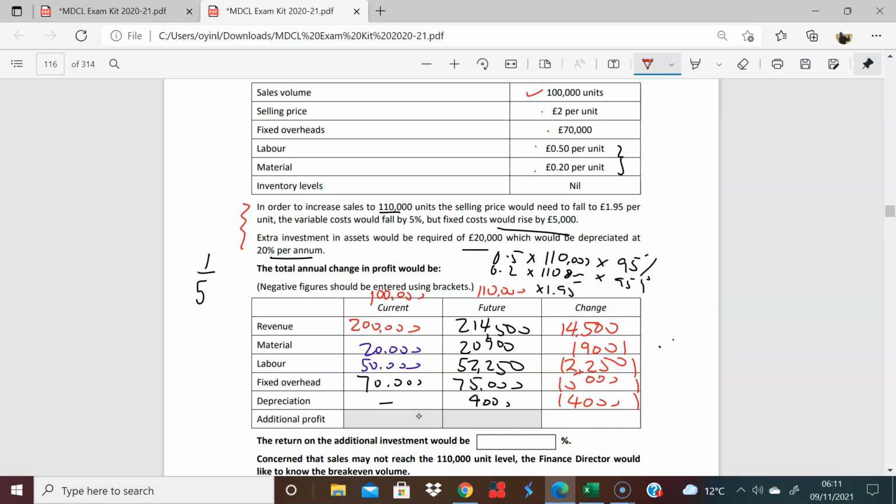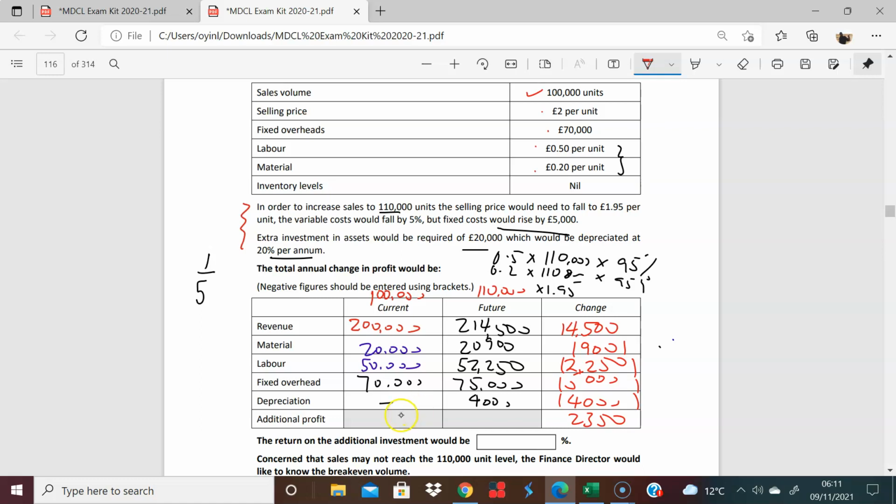So you have additional profit of 14,500 minus 900 minus 2,250 minus 5,000 minus 4,000, which gives you 2,350.